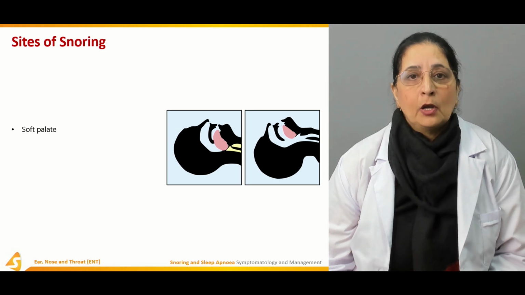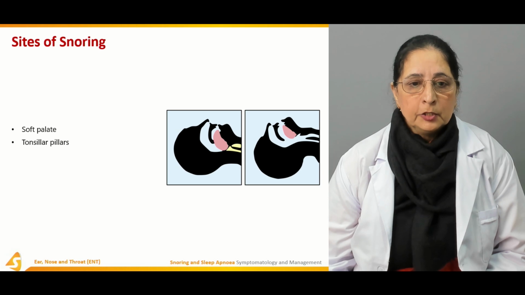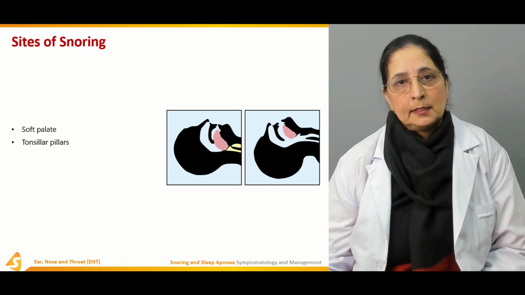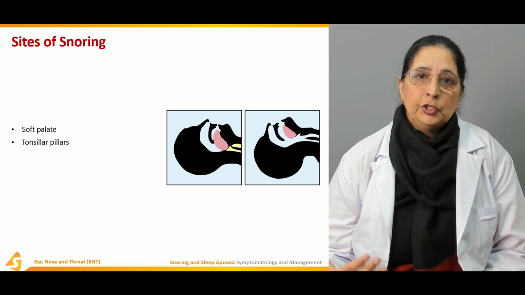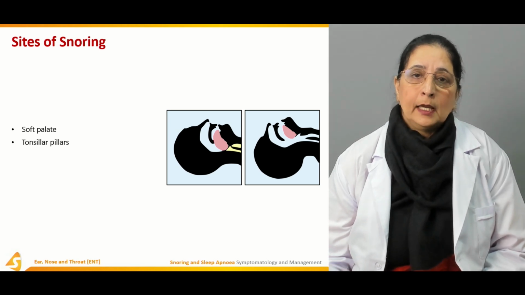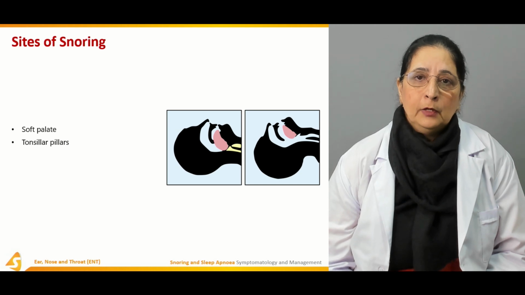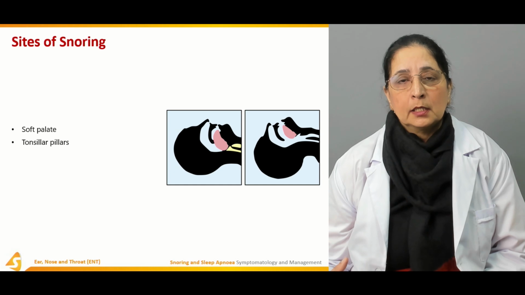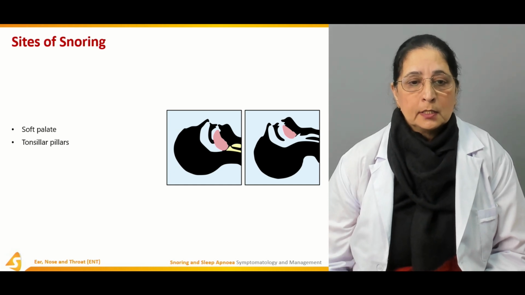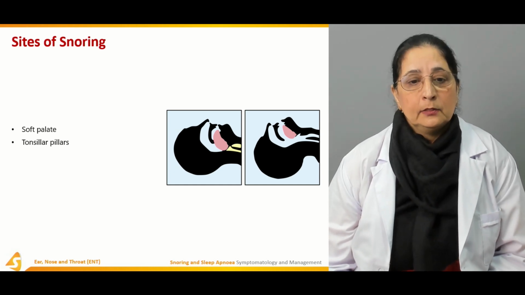So that's the soft palate. Tonsillar pillars are another site of snoring. We mentioned in the etiology of snoring that hypertrophy of the tonsils and adenoids can cause snoring. So here, tonsillar pillars are another site of snoring.